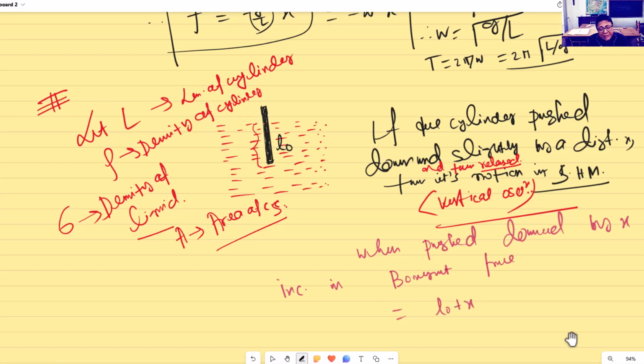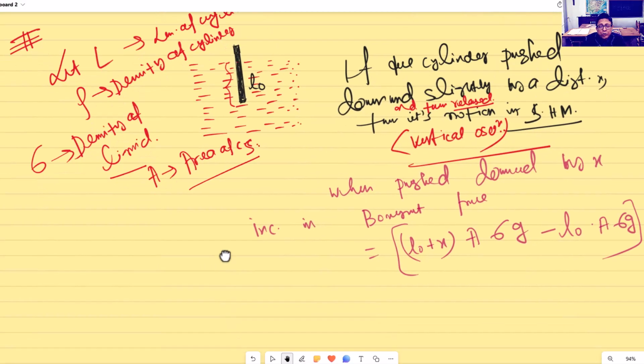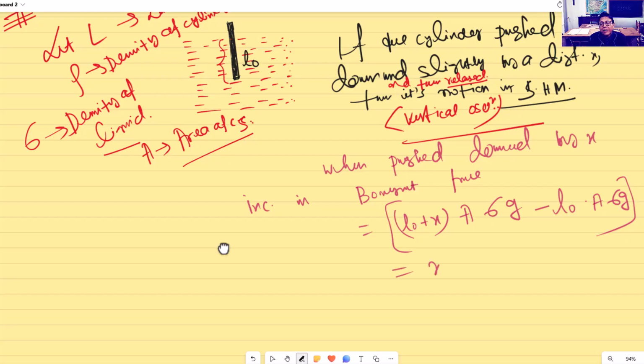L0 plus x into area into sigma g is the new one, minus initially it was L0 A sigma g. So this is going to be x A sigma g.